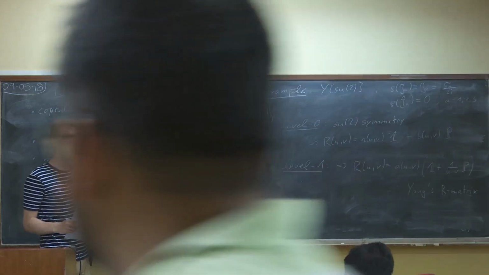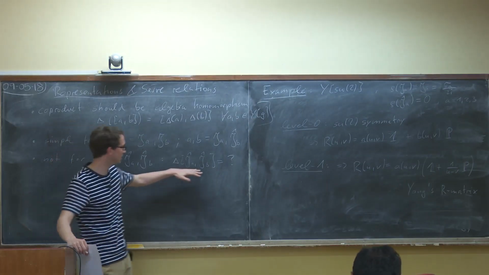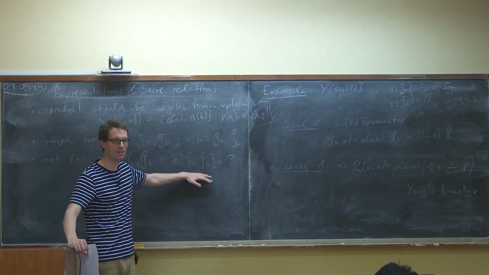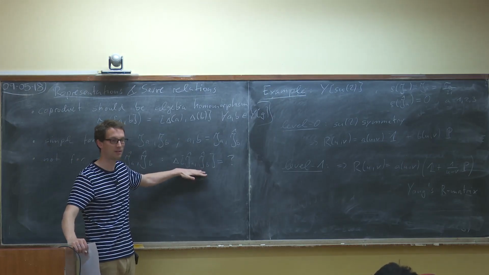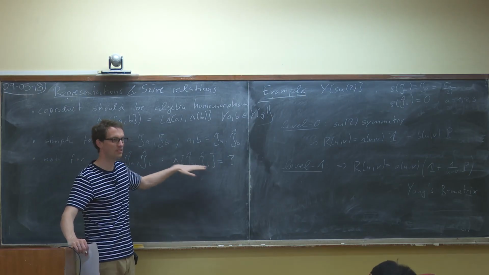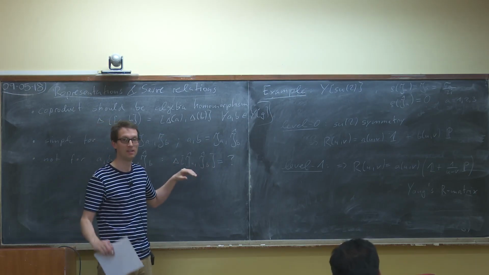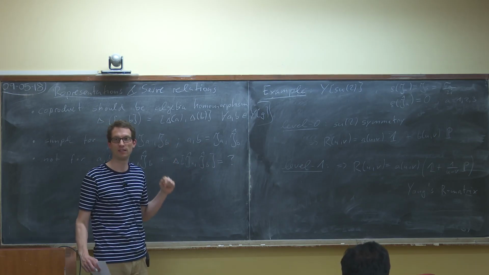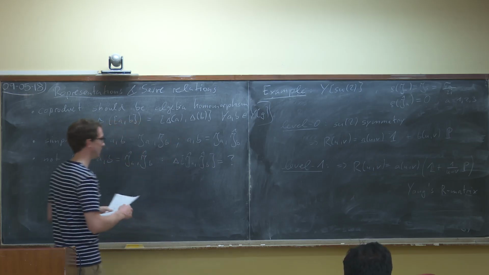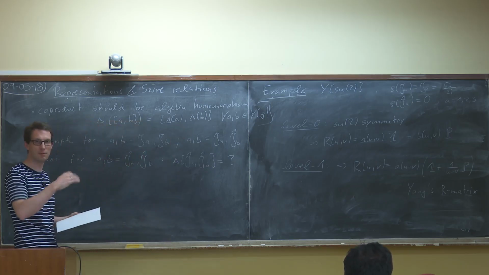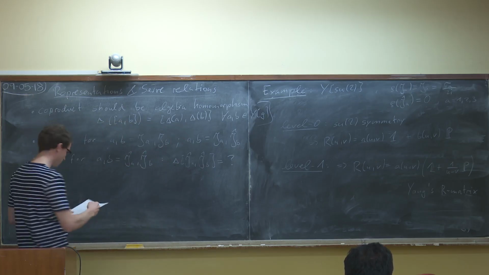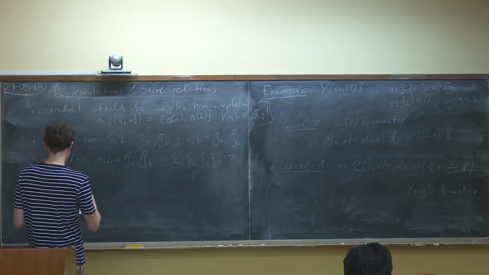I told you before that this will give neither a level 0 nor a level 1 generator, but a new element. So answering the question what this is also answers the question what the co-product is for the level 2 generators. It gives me some information on the higher levels of the Yangian generators.